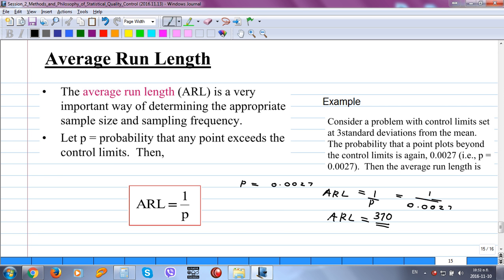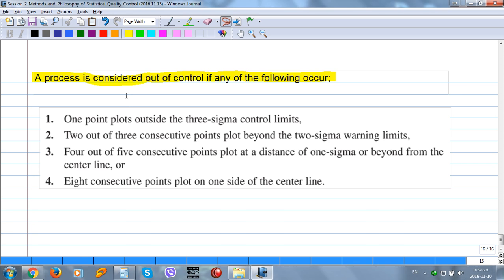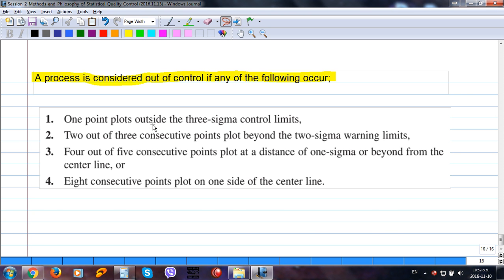And finally, a process is considered out of control if any of the following occur. One: a point plots outside the 3 sigma control limits. At least one going outside the 3 sigma control limit means the process is out of control.